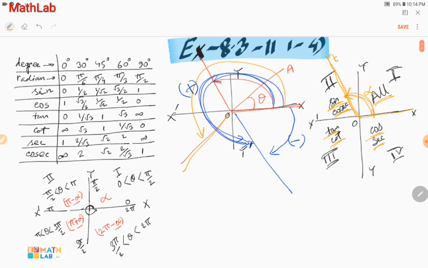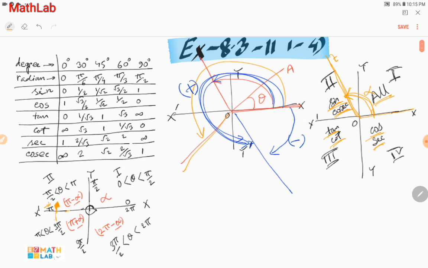Okay, so if we go from this axis, if the angle goes anti-clockwise, then this angle will be positive, and if an angle goes clockwise, that will be negative. So if the angle goes in this direction, that will be negative. This angle will be minus alpha, because it goes clockwise.